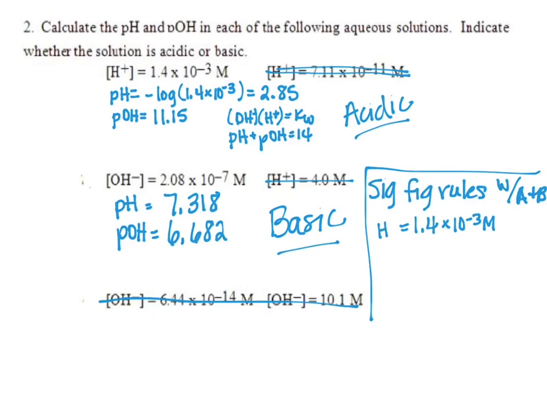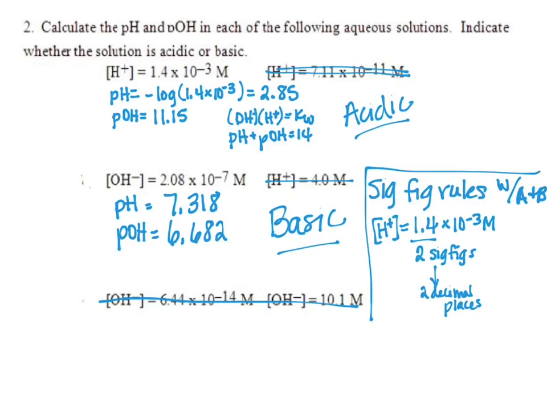And for your pH and your pOH, you go as many decimal places as there are significant figures in your concentration. So if there's 2 sig figs, then we have to go 2 decimal places in our answer.